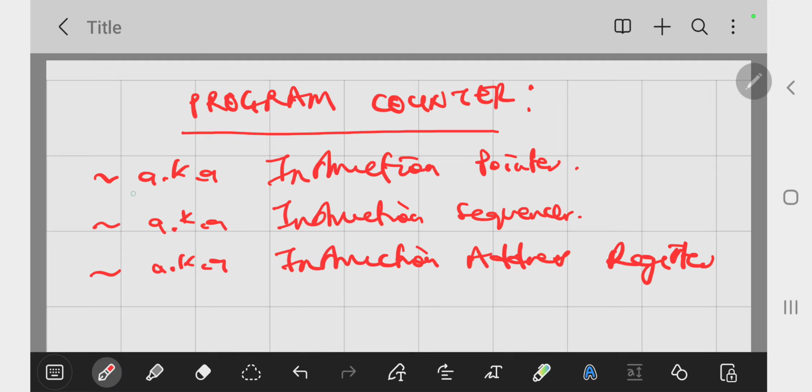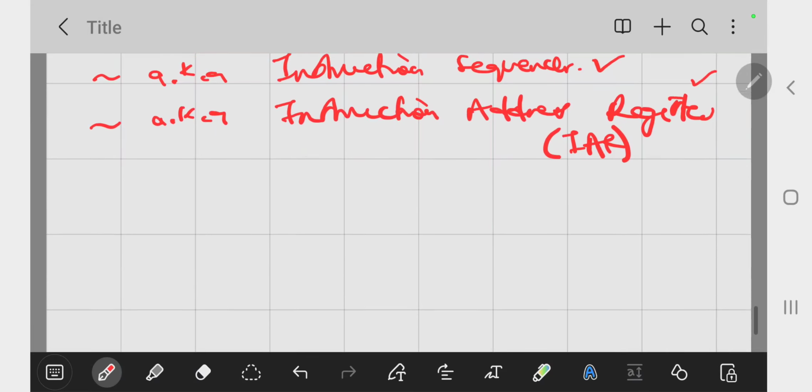So if you are reading a text and you find the written instruction pointer, just know that they are talking about the program counter. If you find instruction sequencer, just know that they're talking about the program counter. And at the same time, sometimes the initials IAR are used; just know that they're talking about the program counter. So that's what the program counter can also be known as.